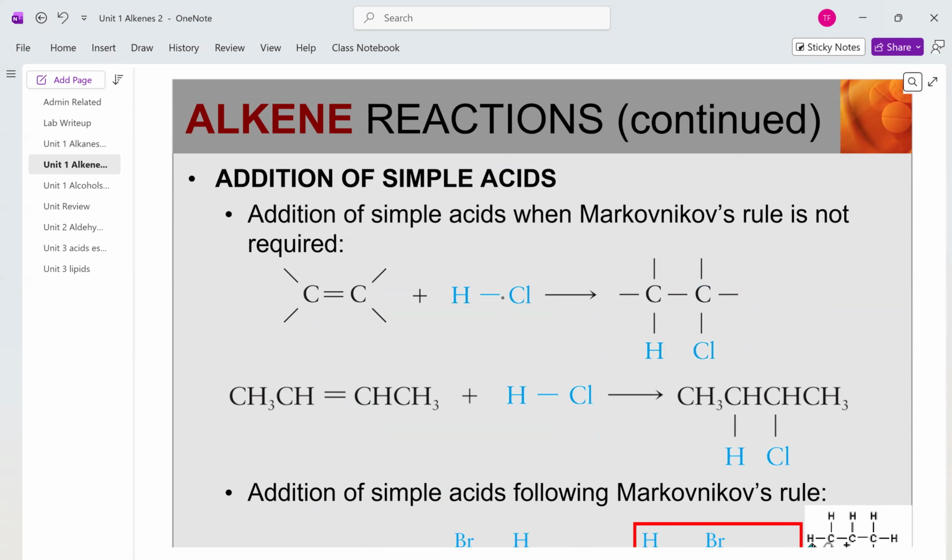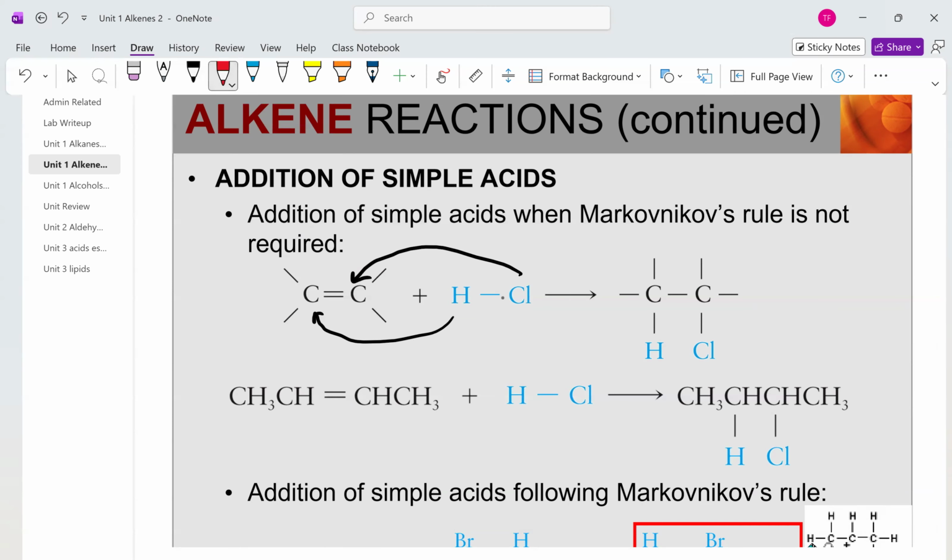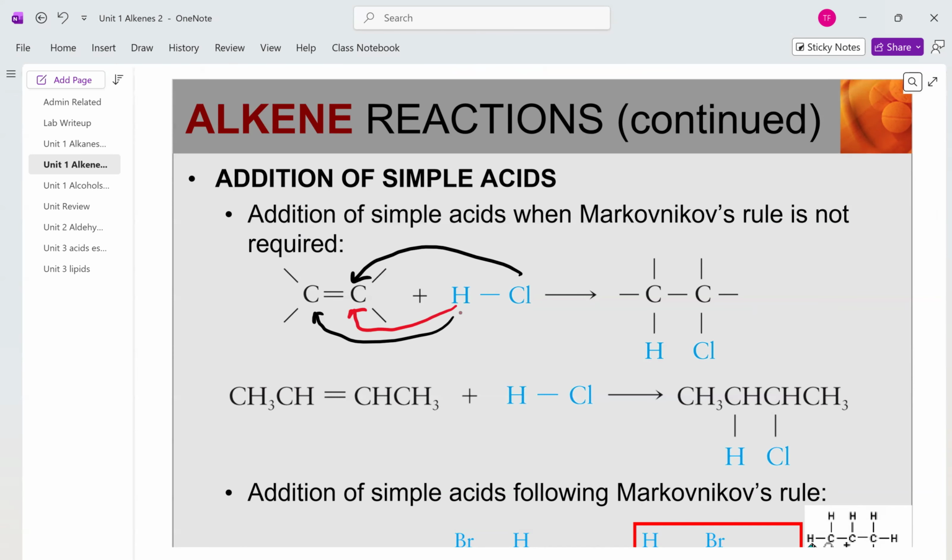So let's start off with our first heterogeneous addition, HCl. H is going to add to one side, Cl is going to add to the other side. However, 50% of the time, this H is going to add to this one, and this Cl is going to add to this one.